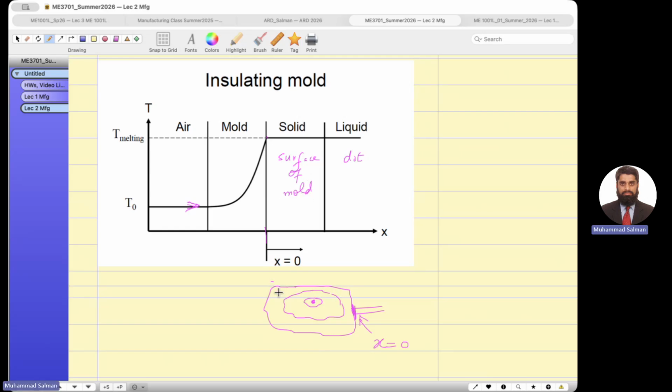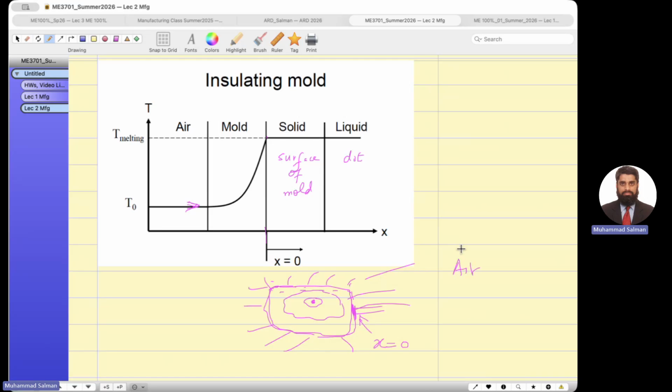So this is the surface of the mold, near the mold at the entrance. The mold interface with the sand. This is all sand. This is x equal to 0, where there is a surface, and there is air outside the sand.